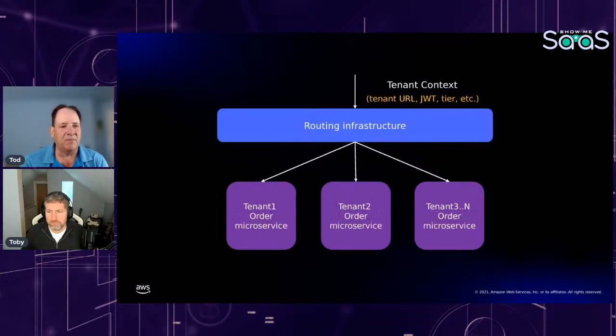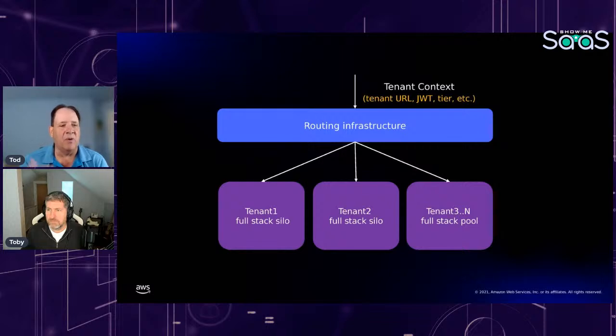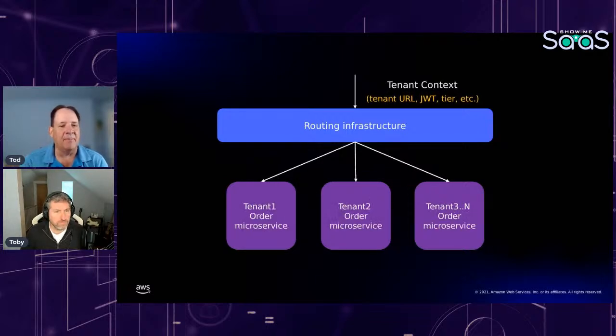I did want to get back to just another nuance of this that might be obvious to everybody. But this routing isn't just about full stack. In this model where I showed full stack and a pool, it gets even more elaborate sometimes, which is, I can have individual microservices that are deployed in variations of silo and pool and per tenant kinds of models.